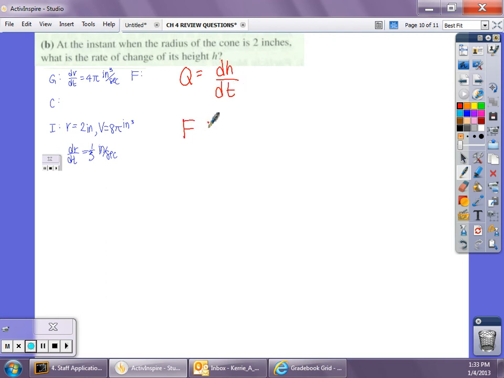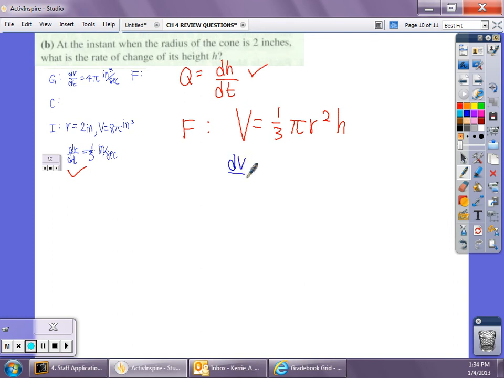So the formula would be the volume formula, 1/3 pi r squared h. I think they gave us enough information where we may be able to use both the radius and the height. And how can I tell that? Because they gave us information about the radius and they gave us the height as the question. So let's see where this takes me.